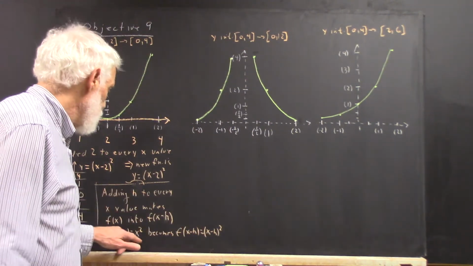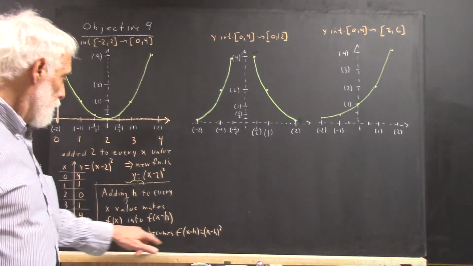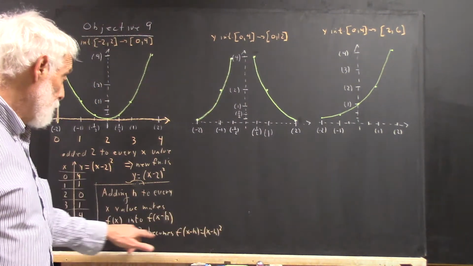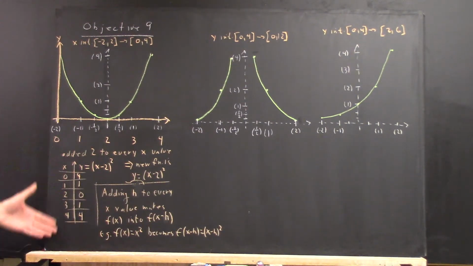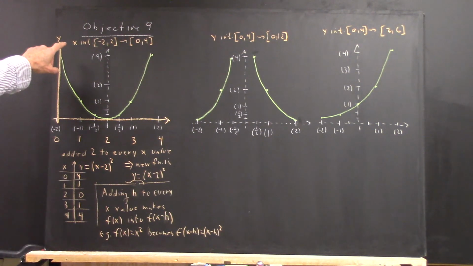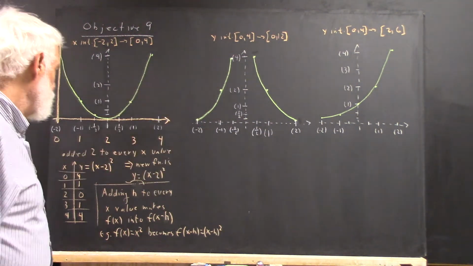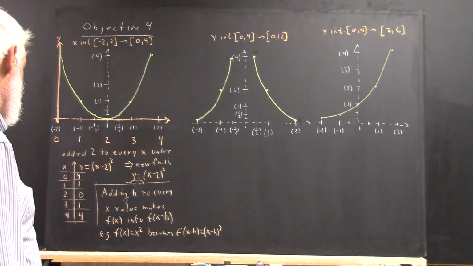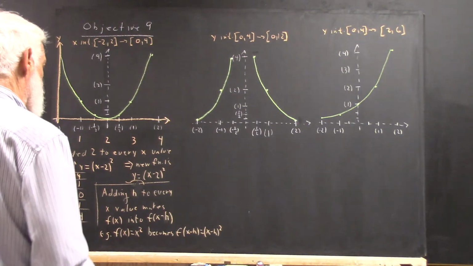And of course, if f of x is x squared, f of x minus h, having replaced x, becomes (x minus h) squared. Okay? Replace x by x minus h. This is what we get. There's our new function. And if we evaluate that function, everything works out. So that's what happens when we add a number to every x value. It shifts everything to the right. Okay? Running out of room here.